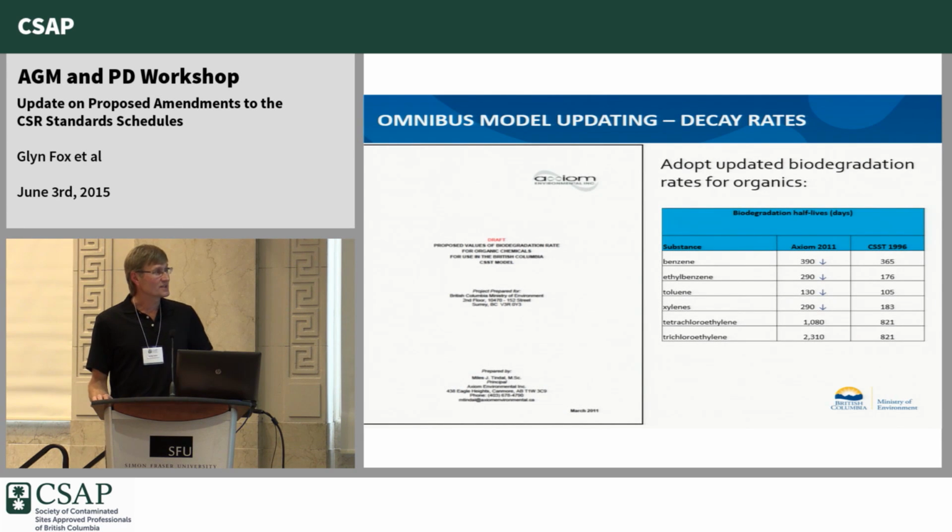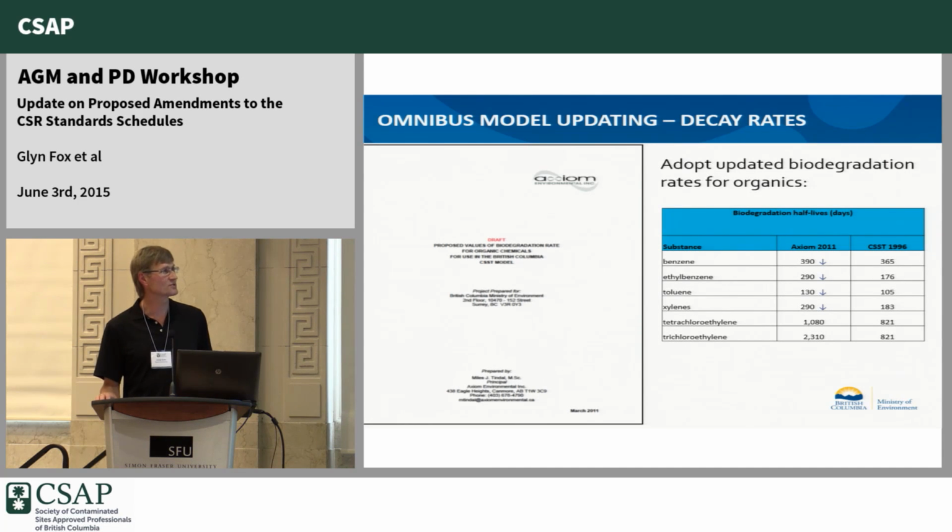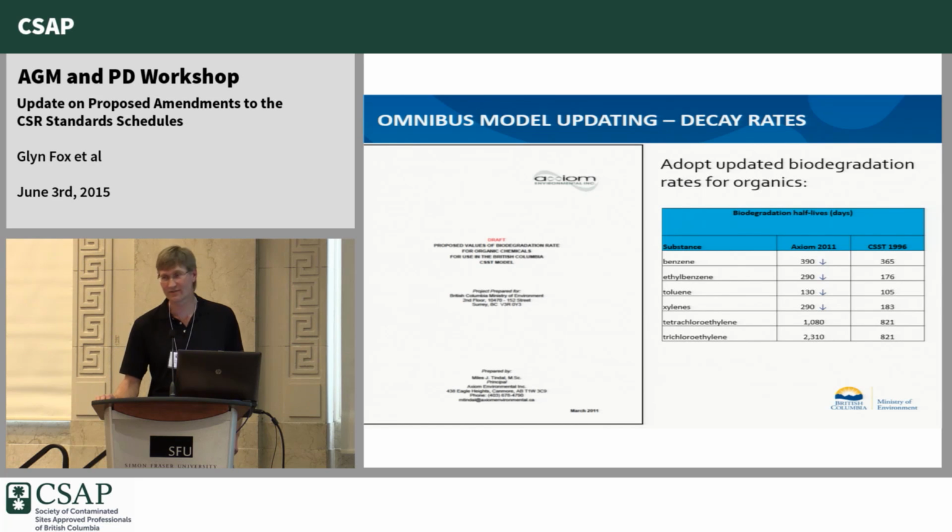At the same time we were working on SLRA, we had a look at that, and you'll notice that there aren't very many biodegradation rates in P13. So we knew that we needed to update that. We let a contract to get some updated decay values for substances, for organics. This was done by AGM, back in 2011. It's been sitting on our books for a while, but this is something that we would put out for stakeholder comment as part of the white paper review.